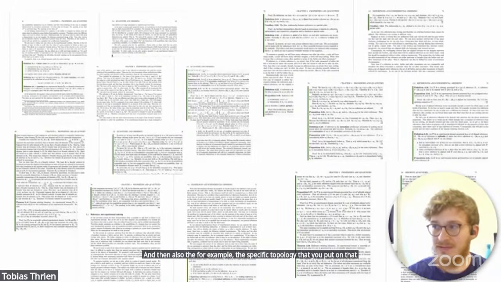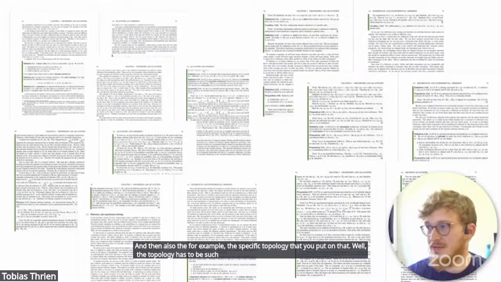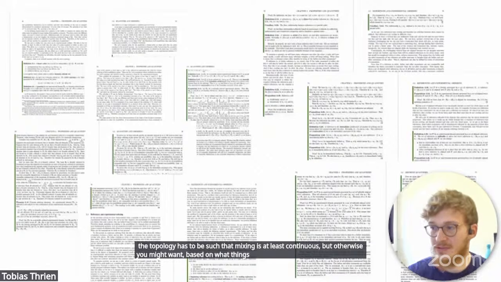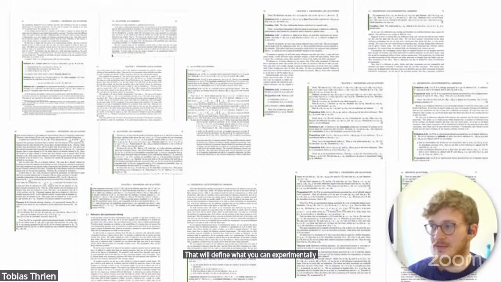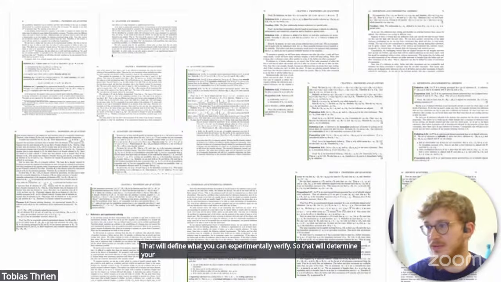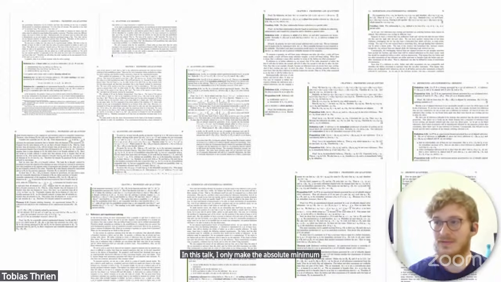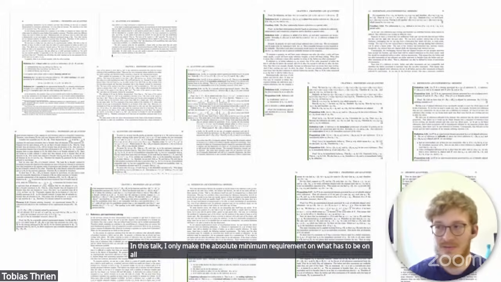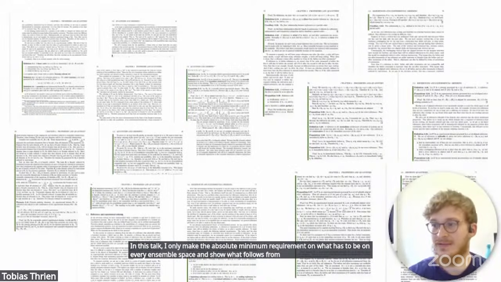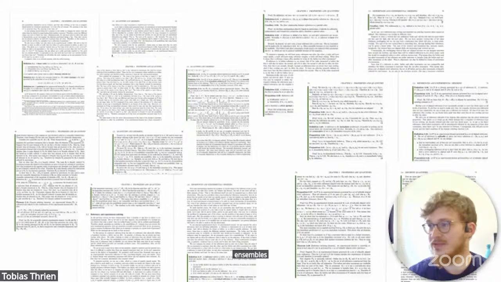The topology has to be such that mixing is at least continuous, but otherwise, based on what you can observe about your ensembles, that will define what you can experimentally verify. So that will determine your topology. Of course, in this talk, I only make the absolute minimum requirement on what has to be on every ensemble space and show what follows from that. I haven't given you any specific ensembles for a specific physical system.